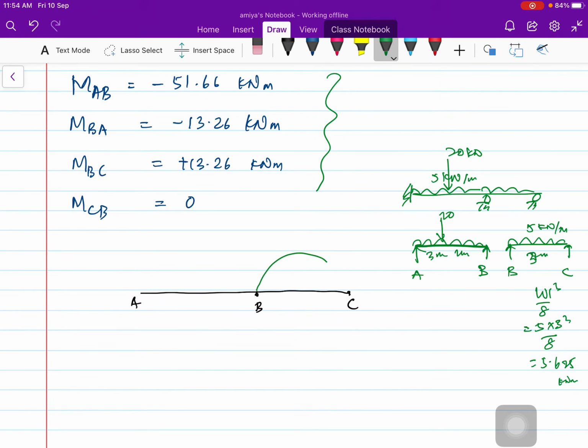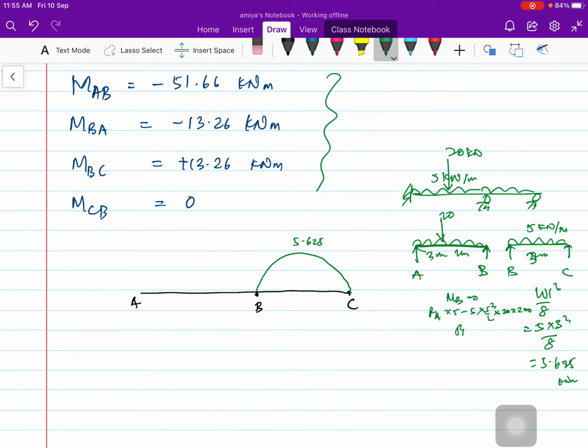So the bending moment diagram for BC is 5.625. In the other case, because there are two loads, one UDL and a point load, we have to calculate the reaction first. Moment at B is equal to 0, so RA into 5 minus 5 into 5 square by 2 minus 20 into 2 is equal to 0.